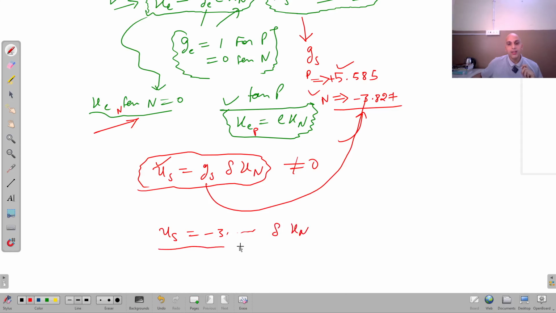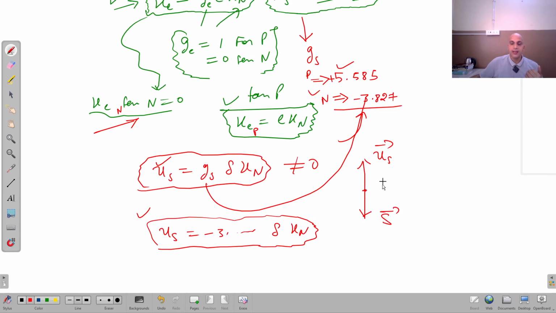It means the spin magnetic dipole moment of the neutron is negative. It is not equal to zero, very important. And negative means the spin angular momentum and spin magnetic dipole moment are oriented in opposite directions. If this is the spin magnetic dipole moment vector and this is the spin angular momentum vector, they are oriented 180 degrees opposite to each other.